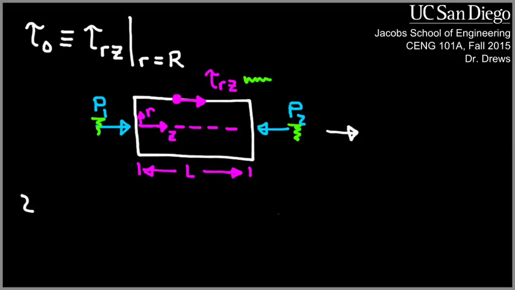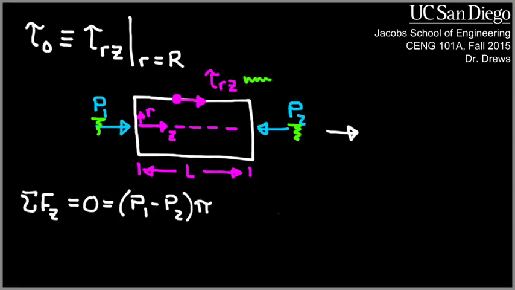If I look at the summation of the forces in the x direction, I know that has to be equal to 0, and I will have the two pressure terms, P1, or sorry, this is the summation of forces in the z direction. I changed my axes on this. So that'll be P sub 1 minus P sub 2 times the area that those are acting on, which will just be pi r squared.